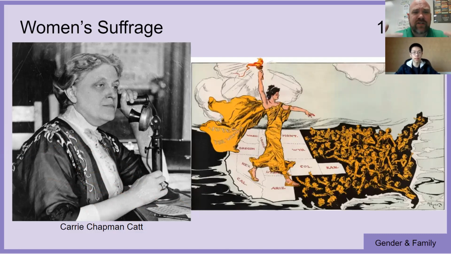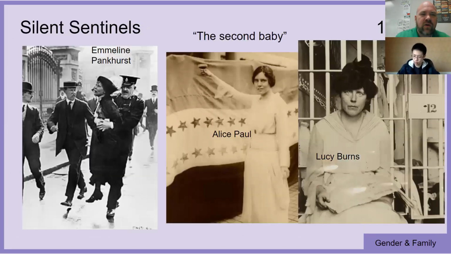We have a lot of change happening. We're fighting big companies. We're getting workers' rights. A lot of these things are starting to change, and the women are starting to get agitated. Okay, that's in your old column. In your new column over here, we're going to enter in with this woman right here, Emmeline Pankhurst.